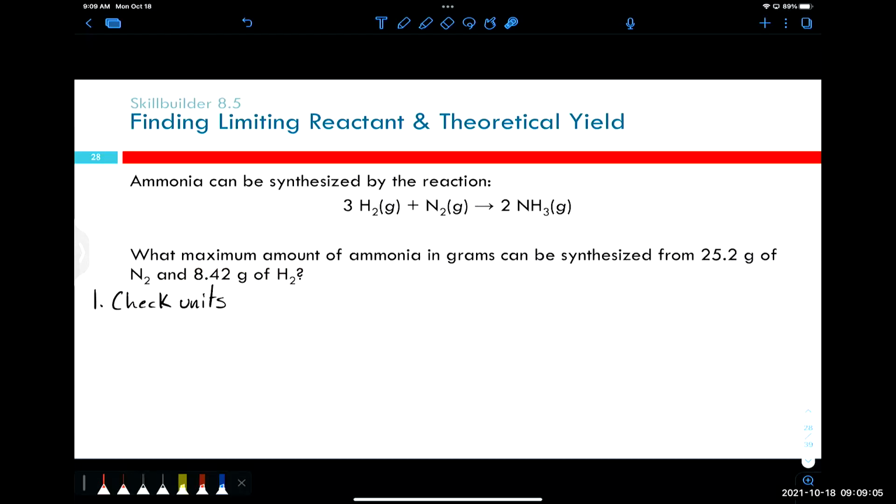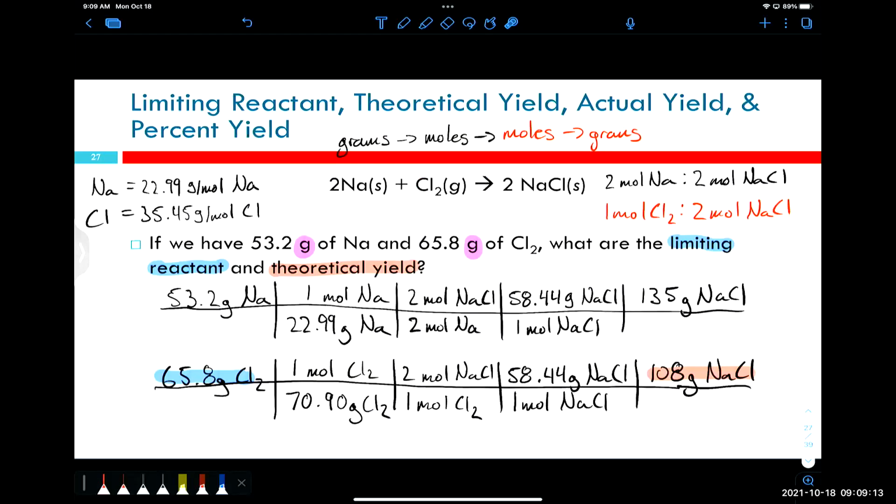So the tempting thing here would be to look at this and say, what's the maximum amount? Let's go back to this previous problem. If this asked us what was the maximum amount of sodium chloride we could produce, it would be tempting to look at this and say, oh, I could produce 135 grams of sodium chloride. But that's not the case because we would run out of chlorine before we could get to this amount of sodium chloride.